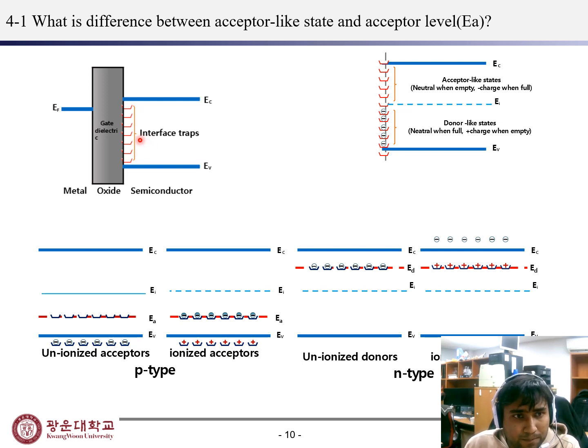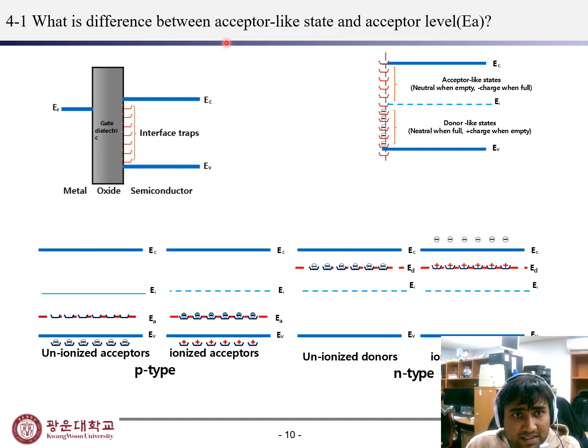If this interface trap receives an electron, it is called a donor-like state, and if it is empty, it is called an acceptor-like state.